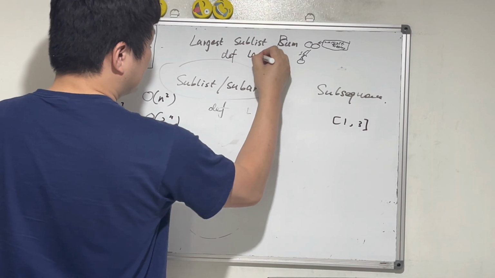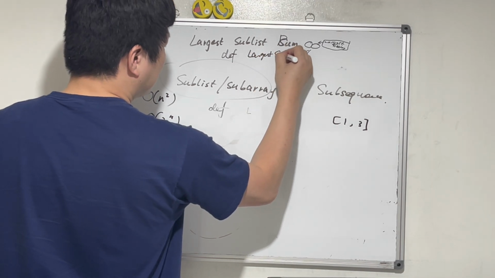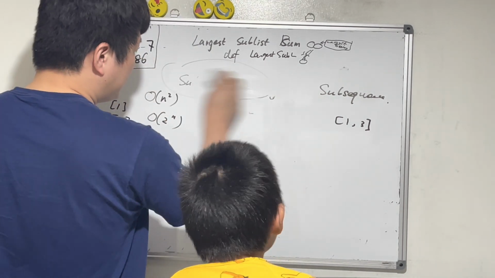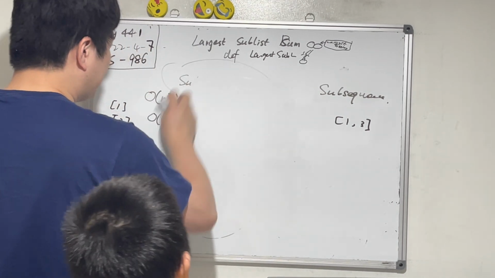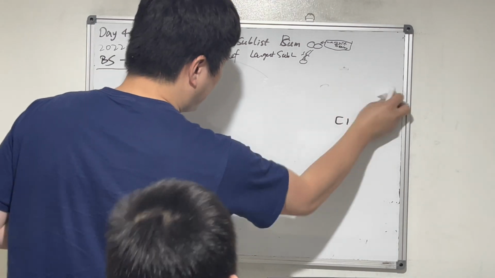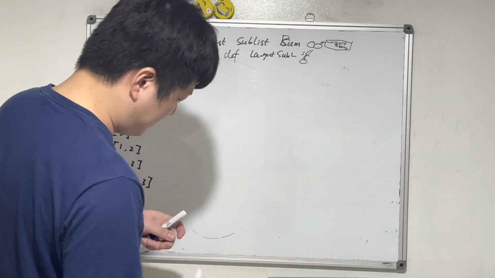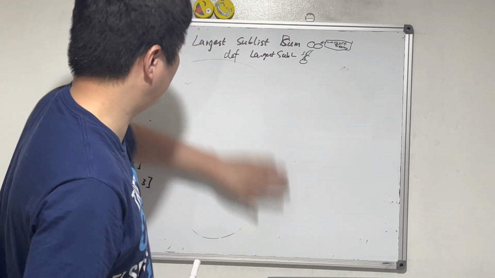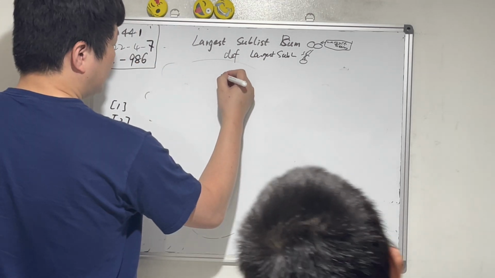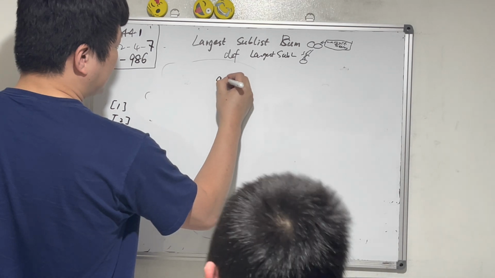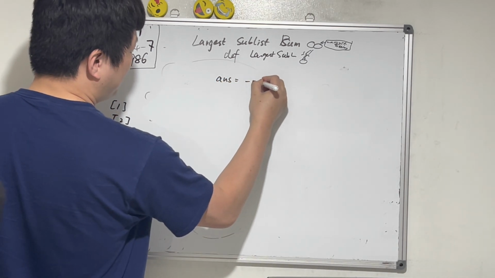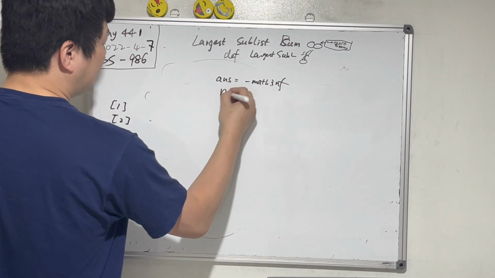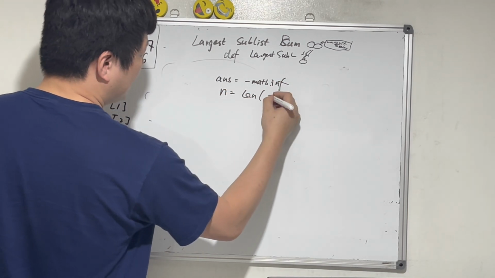Define largest sublist sum. We just have to brute force the left and right index. First of all, the answer is negative infinity, and then n will be the length of the numbers.